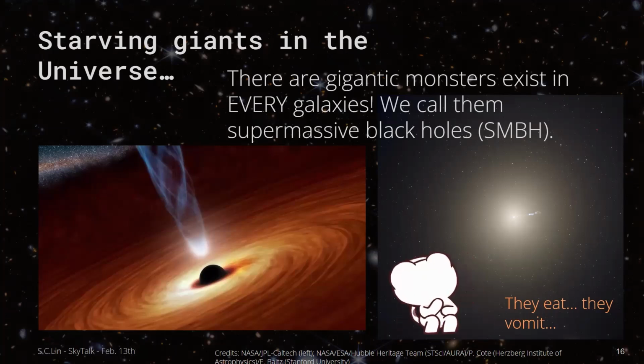But these guys are way heavier than that. And you cannot simply collapse all the stellar mass together to make these gigantic monsters in the universe. So we are still thinking about what is the origin of these supermassive black holes.